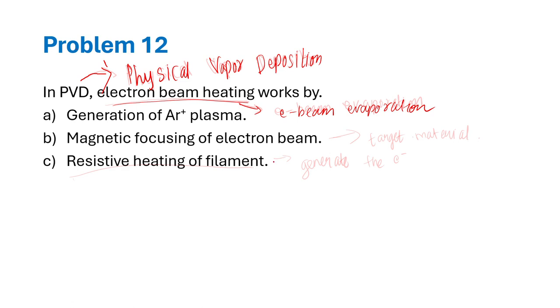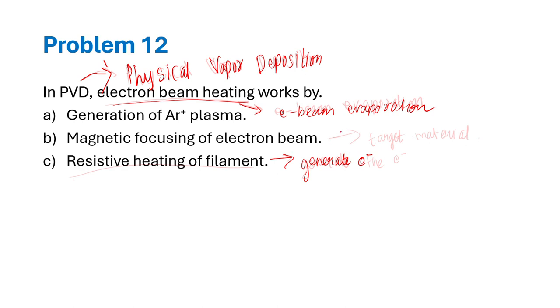Yes. So if the question is how the material to be deposited is heated, then because we focus the electron beam to fall on the source, we can heat the material. So that will be how we are heating the target material. So in resistive heating of filament, that is how we generate the electrons.